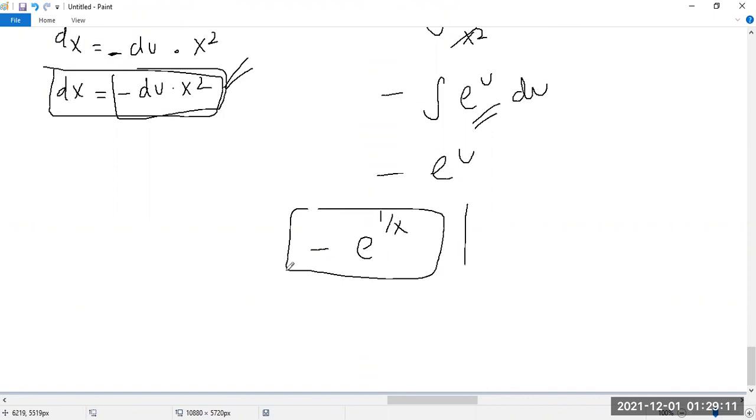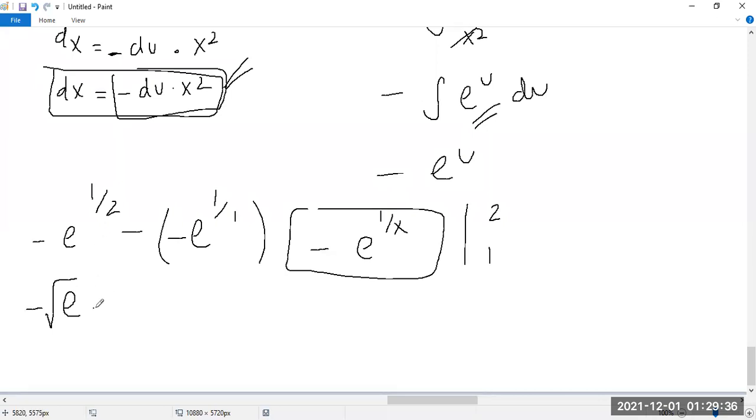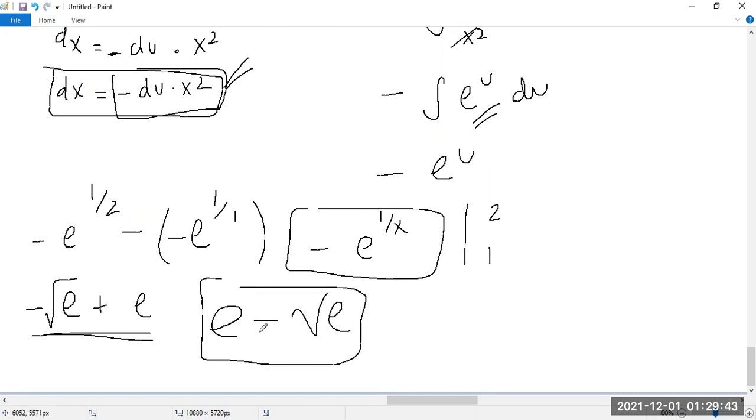And this is evaluated at 2 and 1. So we do negative e to the 1 over 2 minus, let's see here, minus e to the 1 over 1, which is just e. So negative e to the 1 over 2, which is a square root, plus e. And that would essentially be our answer. You could say e minus the square root of e. Same idea, right? Same idea.